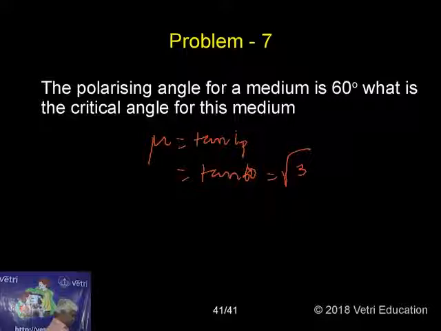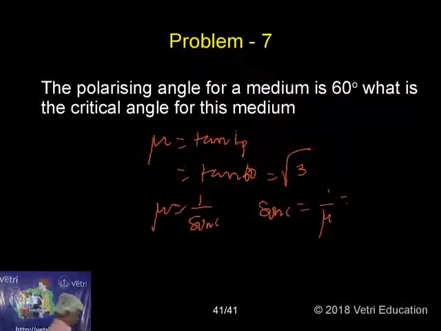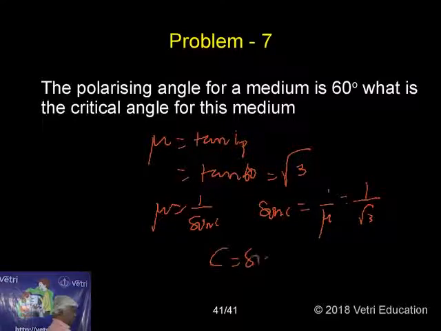Mu is equal to root 3. We know mu is equal to 1 by sin C, where C is the critical angle. Therefore sin C is equal to 1 by mu, that is equal to 1 by root 3. Therefore C is equal to sin inverse of 1 by root 3. Simply you can put it directly.